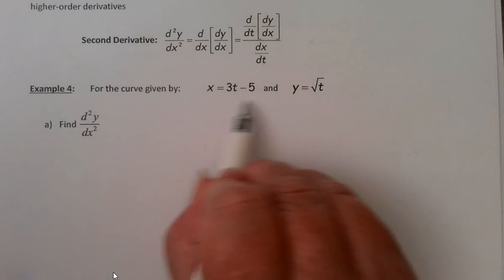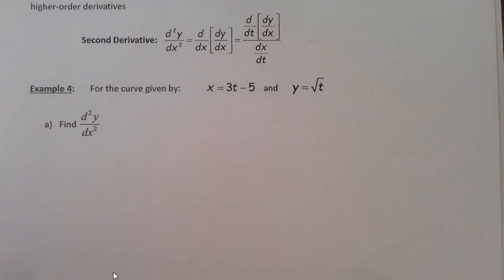Here are my parametric equations. x equals 3t minus 5, and y equals the square root of t. And first, I just want that second derivative. Of course, I'll have to get the first derivative first.